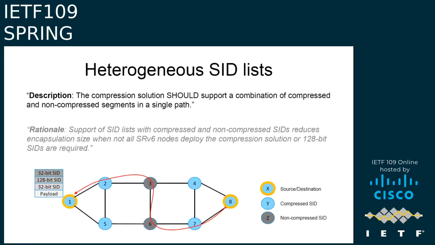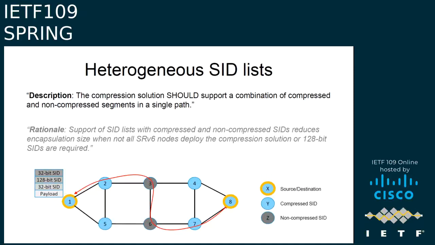So for the heterogeneous SID list, we hope the compression solution can support a combination of compressed and the original segments in a single pass. So this is a little bit different from the requirement item we just mentioned for the coexistence item.